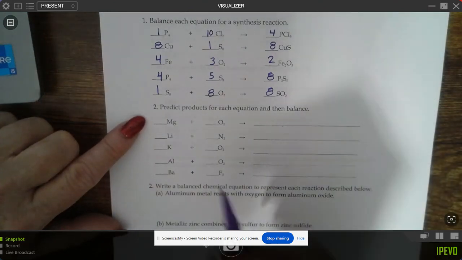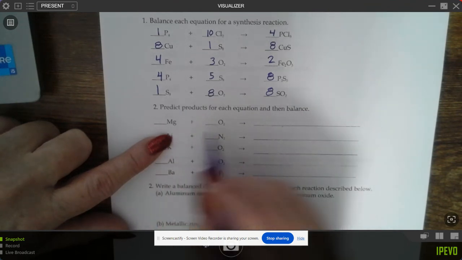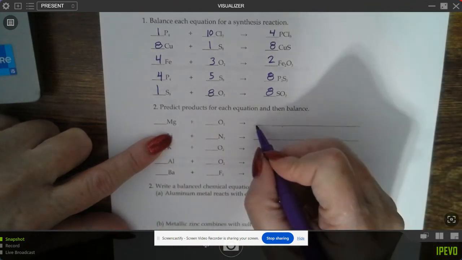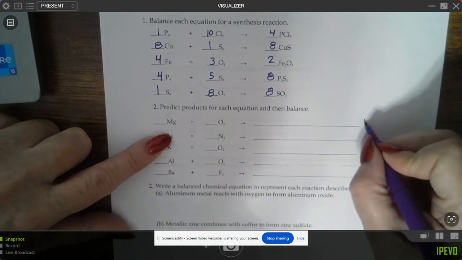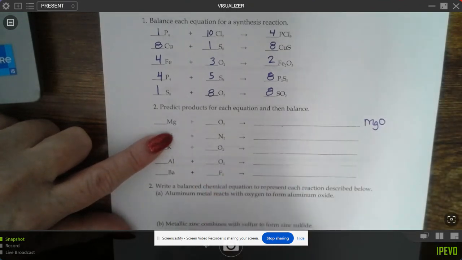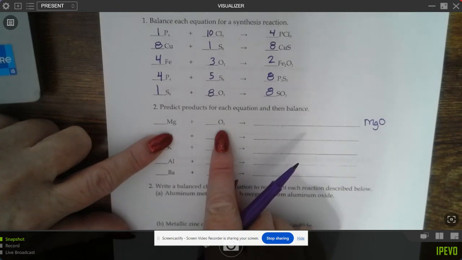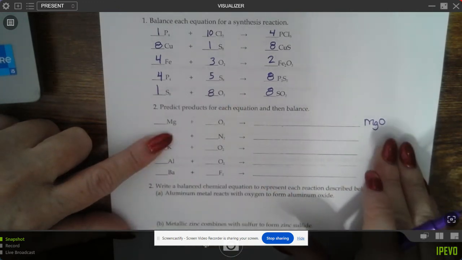All right. But when you have a synthesis reaction, what you're going to do, and I'm going to do it over here so that I can just put my answer in the blank, is combine the 2 elements. So magnesium plus oxygen. The subscripts from the reactant side do not go to the product side.